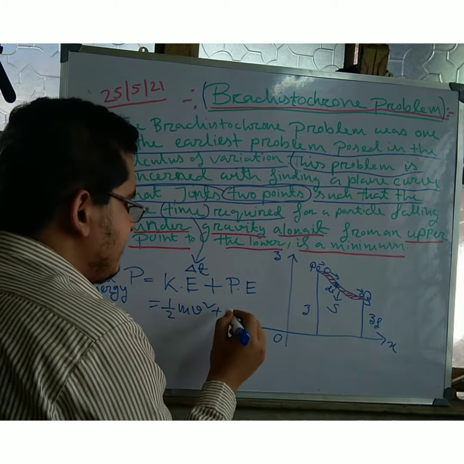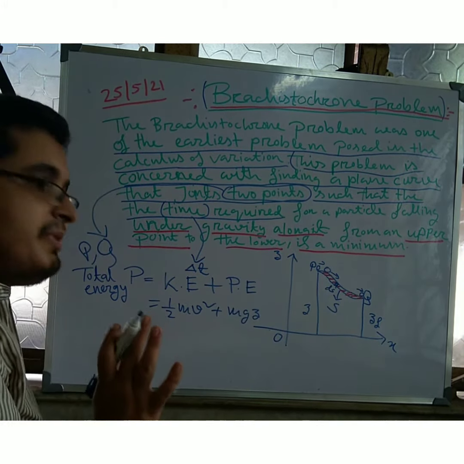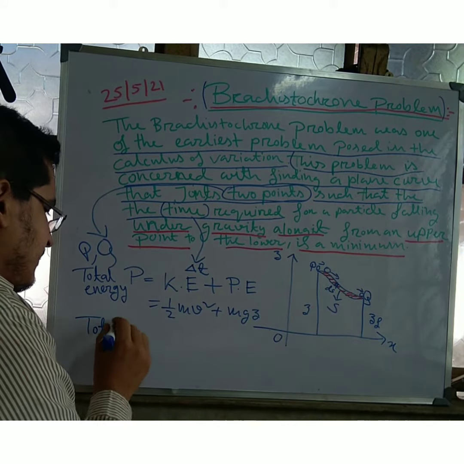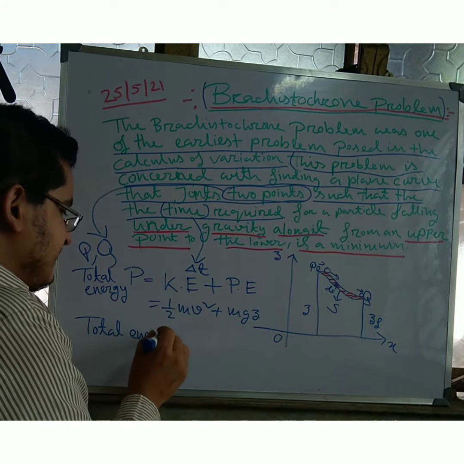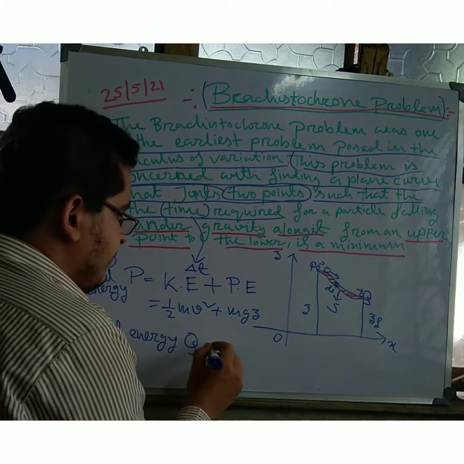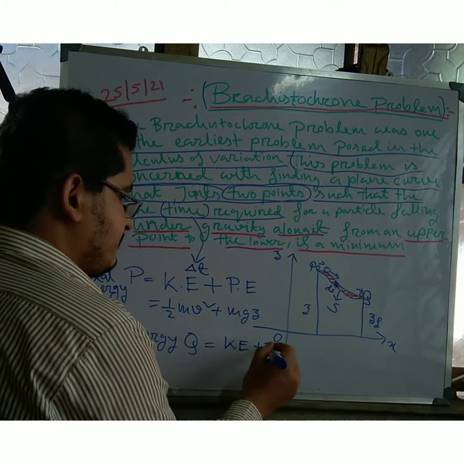So PE means m g z. So friends, the total energy Q is equal to KE plus PE.